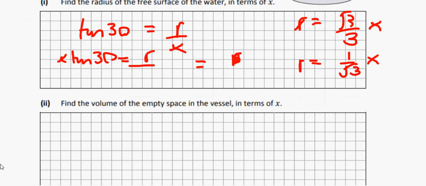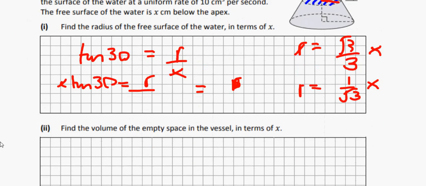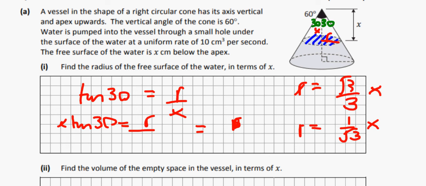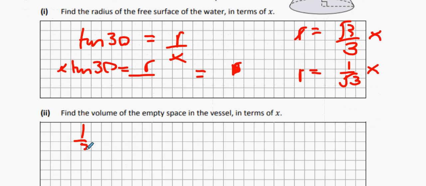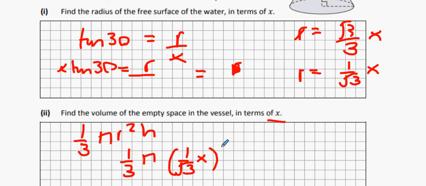Okay. Find the volume of the empty space in the vessel. Well, lads, that's a cone all day long, isn't it? It's a cone of air. Would you agree with that? So it's a third pi r squared h. Now it clearly says in terms of x, so I need to use my answer from the first part, which is 1 over root 3 x, to be squared.